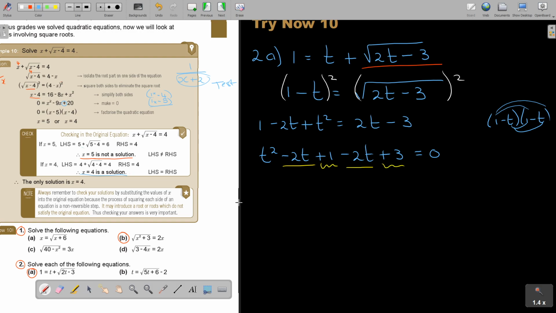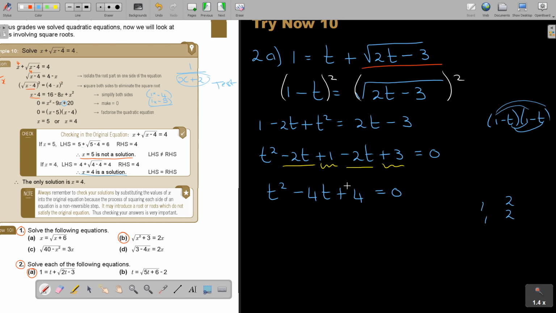So I'm going to get, in blue, t squared minus 4t plus 4 is equal to 0. Okay, and now I'm going to start with that, and I'm going to see if I'm correct. So let's get our answers. I think this is going to be nice because I think the roots are going to be the same, because it's 2 times 2, do you see?